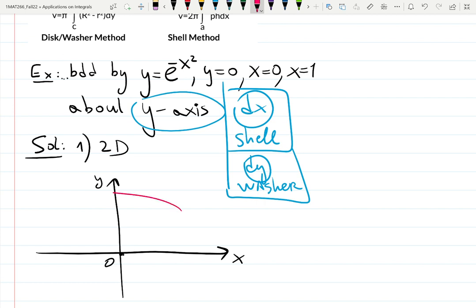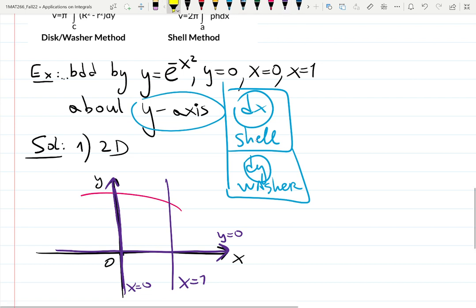Technology gives me something like this roof, and then I have the cuts. Y equals 0, that's the floor. X equals 0, that's the y-axis. X equals 1, that's one more wall. And I got my area, like so.